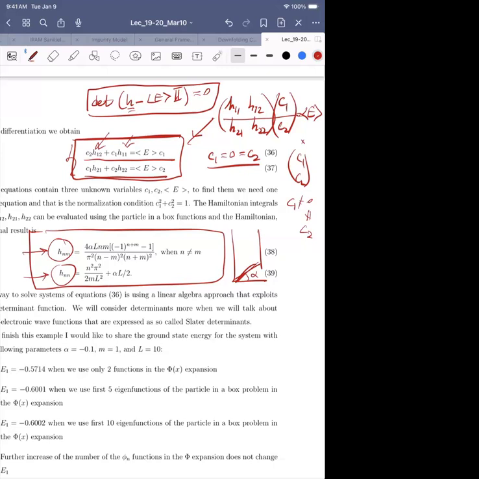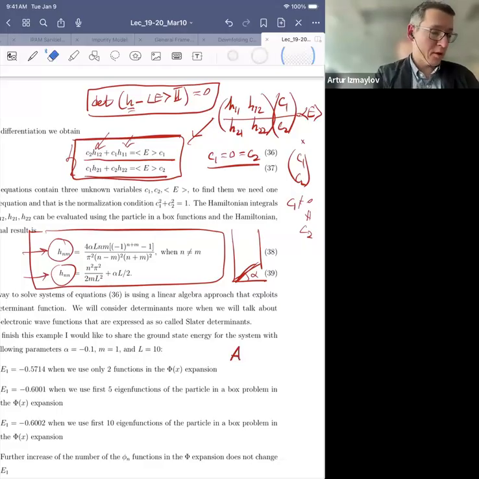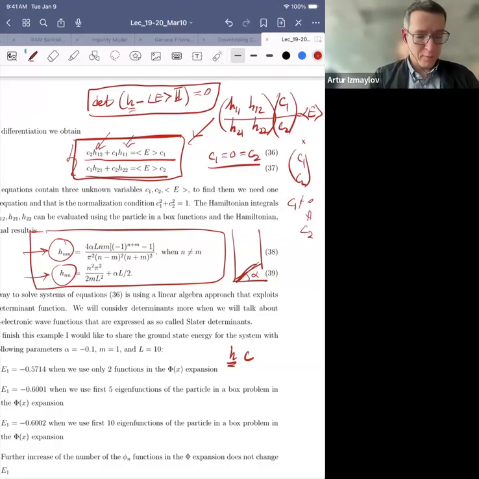Yeah, okay. If we have a system of equations, in this case the H matrix multiplied by the coefficients, and we have the expectation value of energy multiplied by the coefficients, we could bring everything to one side.